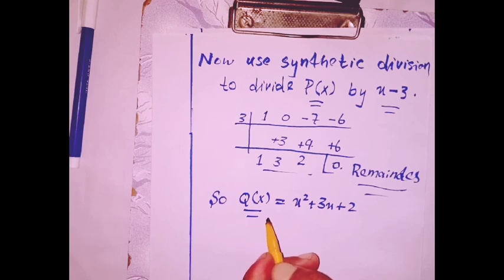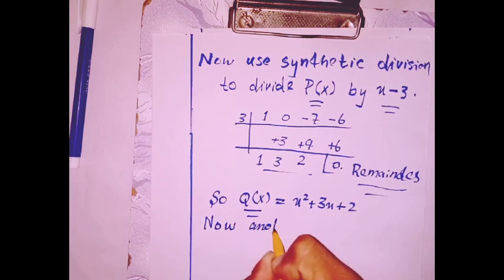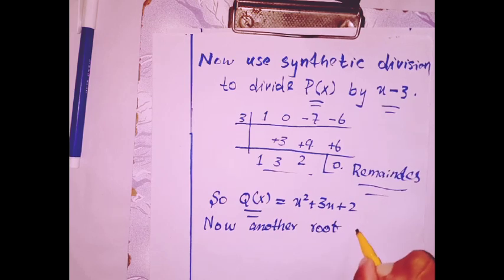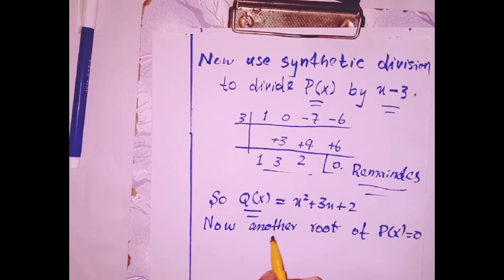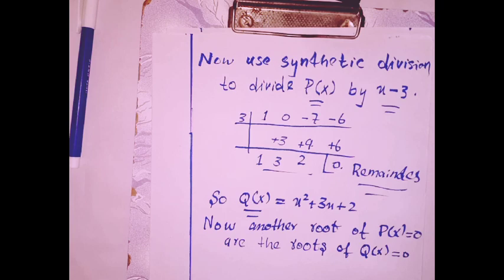Now we have to find out the other roots of the given equation. The other roots of p of x equal to 0 are the roots of q of x equal to 0.